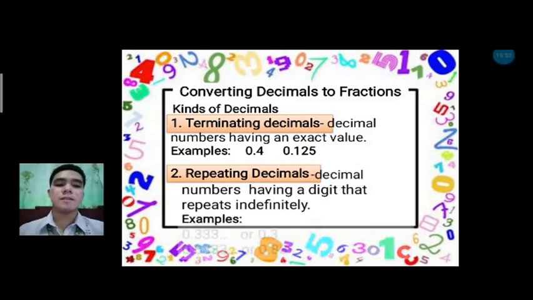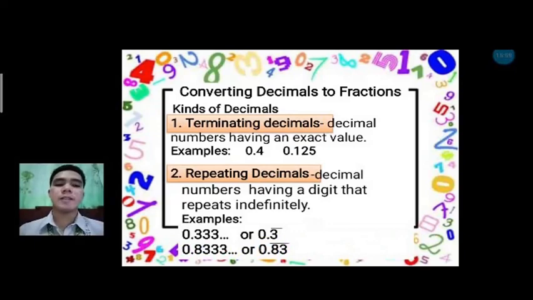Examples, we have 0.333 or 0.3 with bar at the top, then 0.8333 or 0.83 with bar at the top. As you can see, those three dots are called ellipses. It means that the digit before it is being repeated.